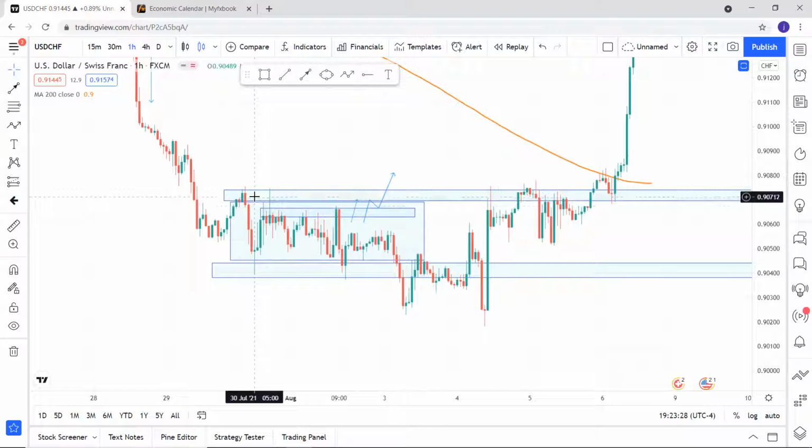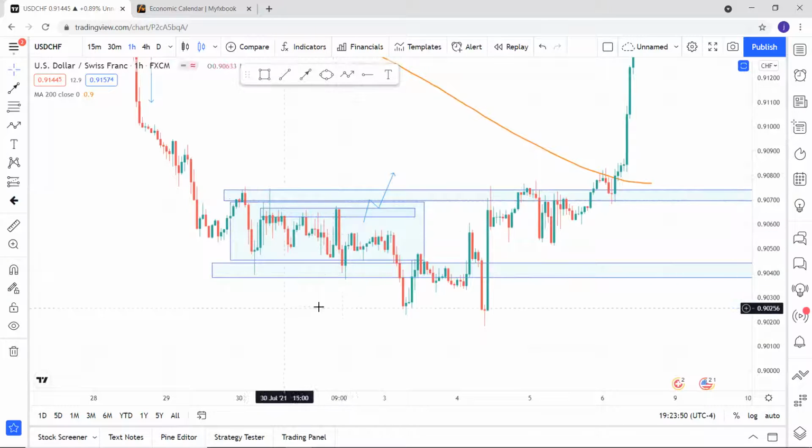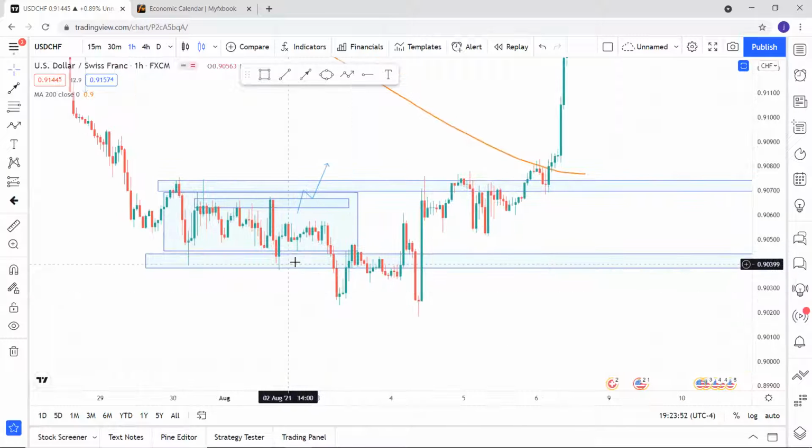Something like a break right above these wicks, maybe a retest, just to show that okay, now we broke out of that zone, so more than likely we may get that continuation moving upwards. But as you see, price came into that zone multiple times. So if we did get a break above, it would have been a little bit more solid in terms of basically confirming to the buyers that from here price is going to continue moving on.